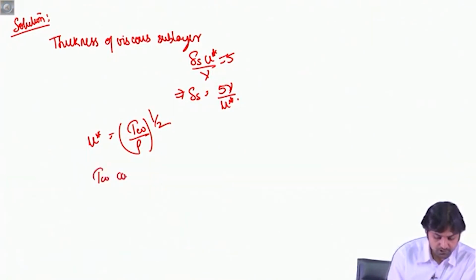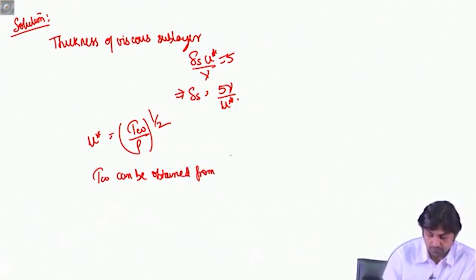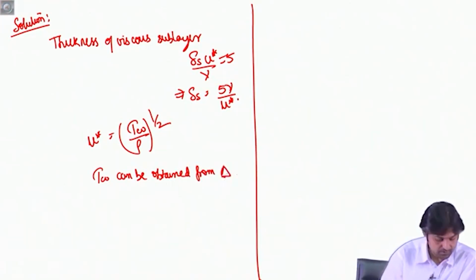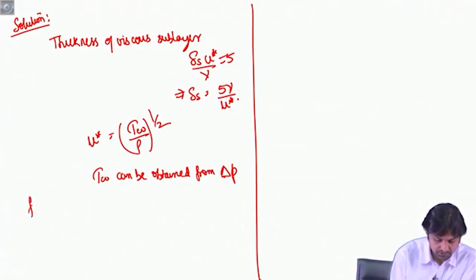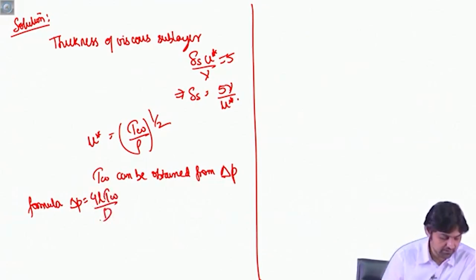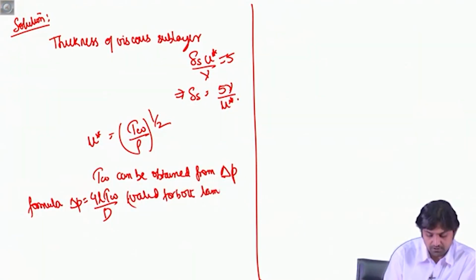Tau w can be obtained from the pressure drop formula, delta P is equal to 4L tau W by D, that we derived. It is valid for both laminar and turbulent flow.